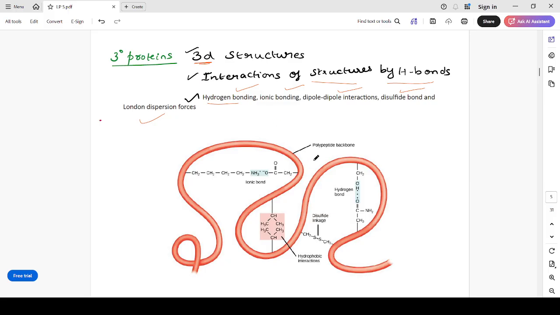The diagram shows what kind of ionic bond is there, disulfide linkage, hydrogen bonding possibility, van der Waals type of interaction, everything shown in this diagram.